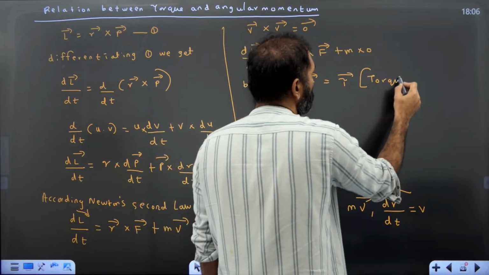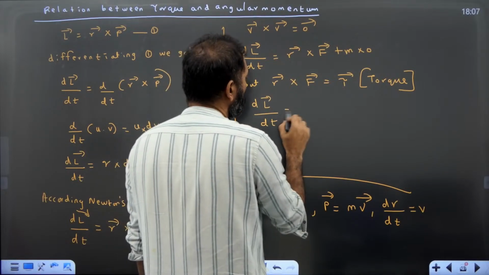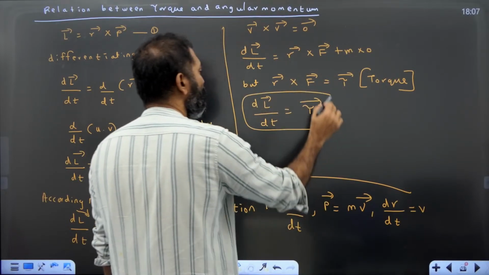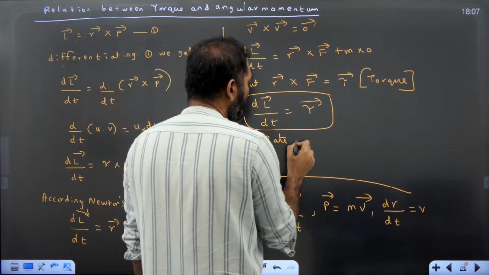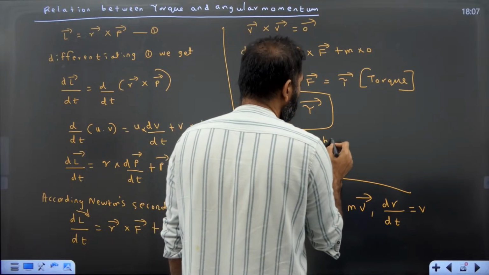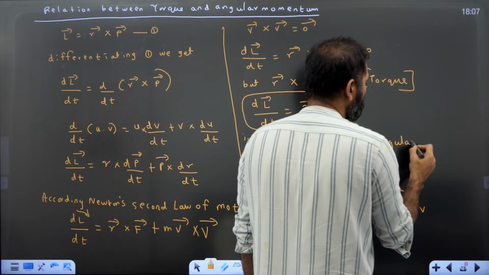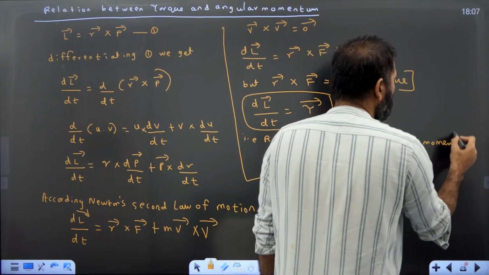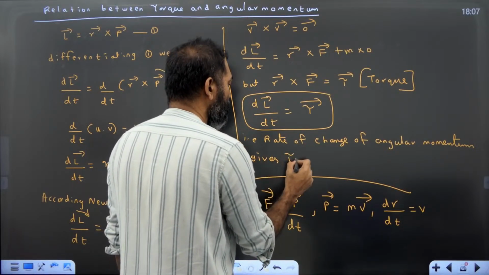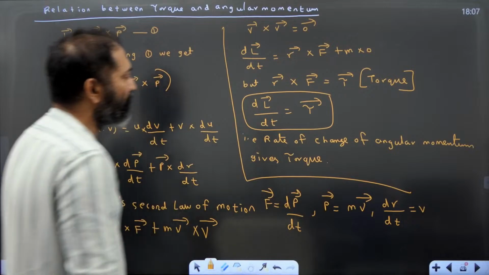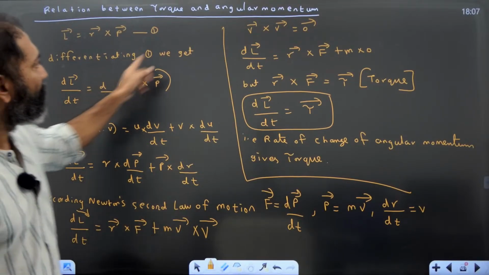So dL by dt is equal to torque, which means the rate of change of angular momentum gives torque. Thus, we have proved the relation between torque and angular momentum.